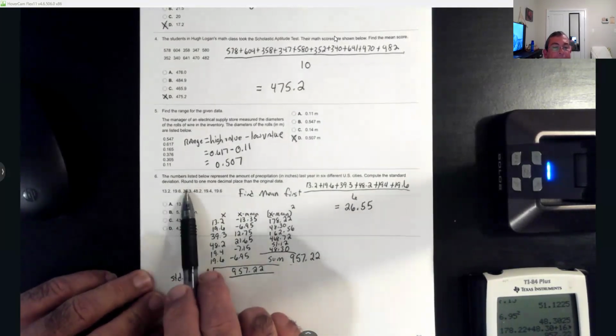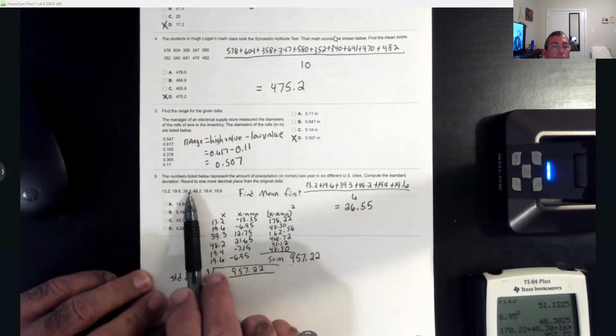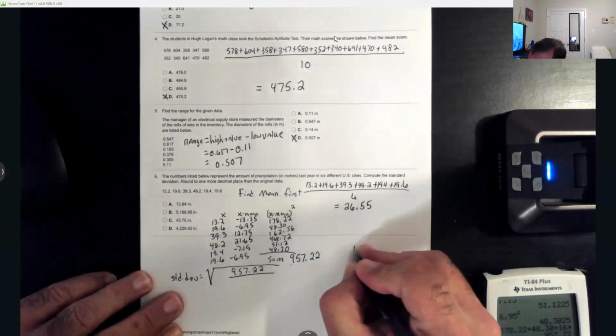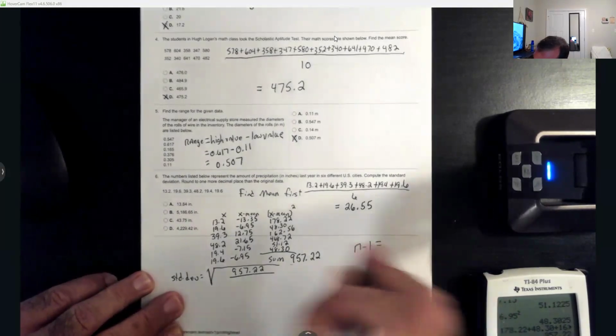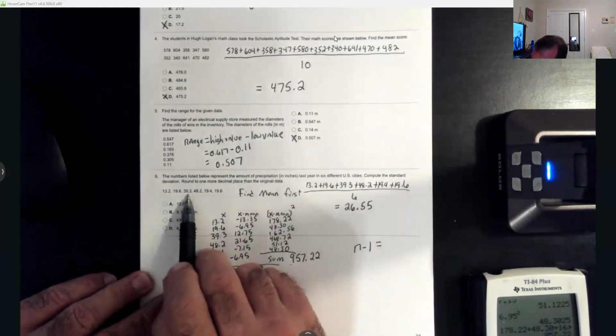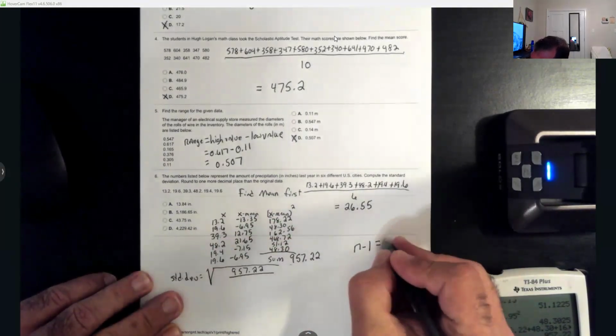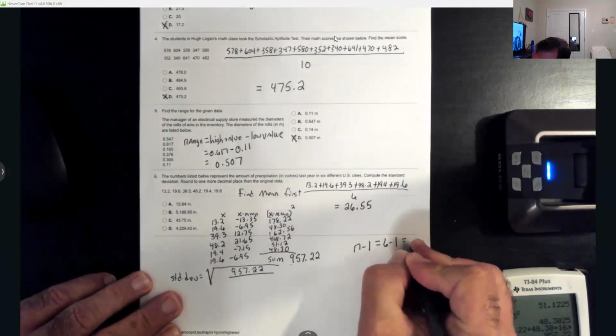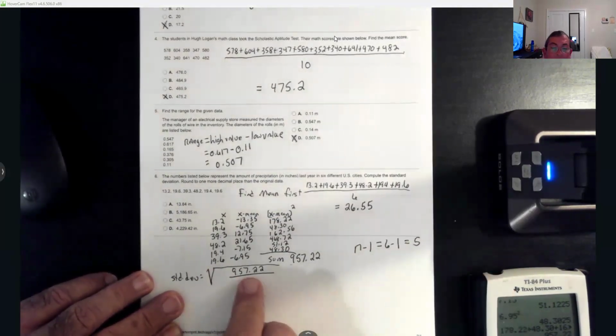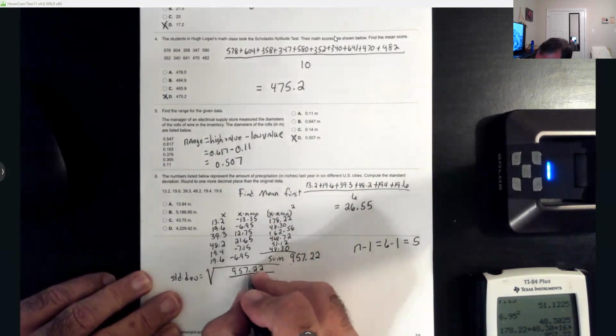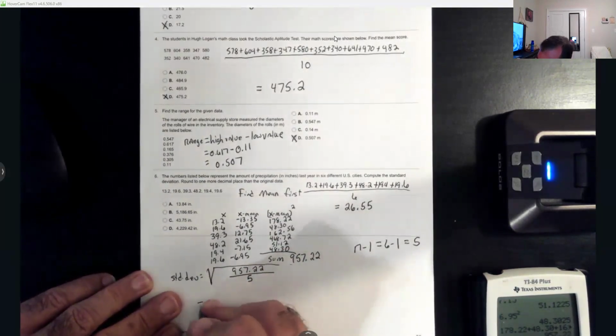Well, y'all, that's how many data points you have minus 1. So for us, n minus 1 will equal 1, 2, 3, 4, 5, 6 data points minus 1. So that equals 5. So the bottom will be 5.